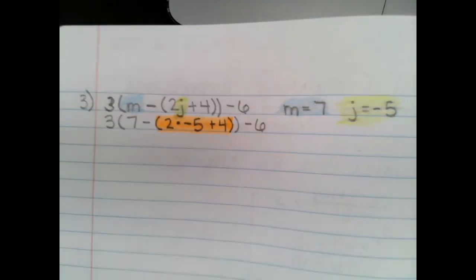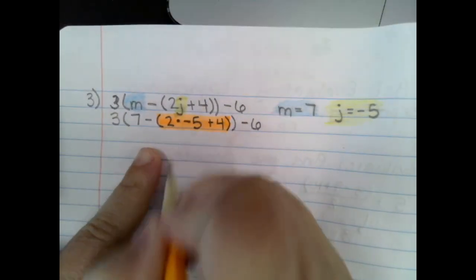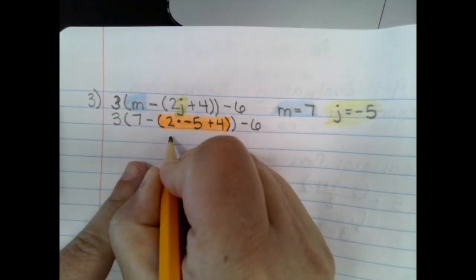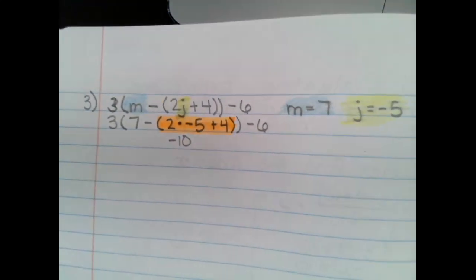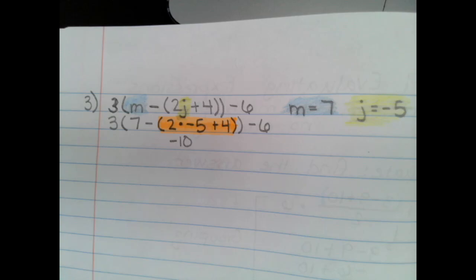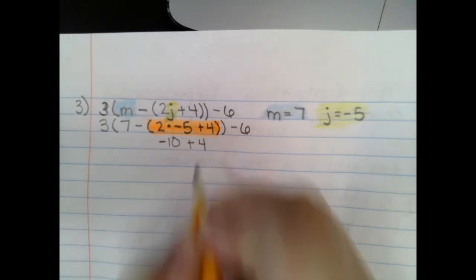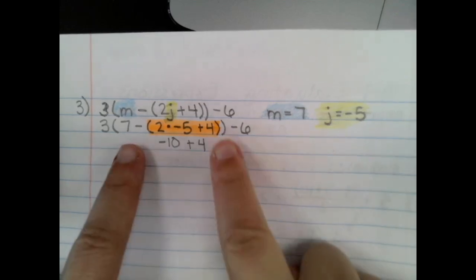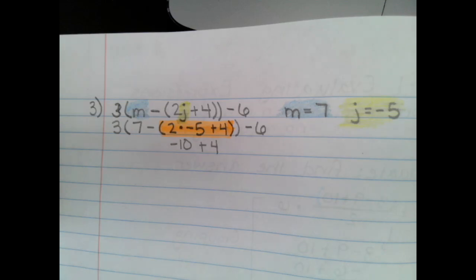All right, in that parenthesis, what part am I going to do first? Which operation? Multiply or add? Multiply. 2 times negative 5. Positive times a negative is a negative, so negative 10, plus 4. If you want to copy everything down as you go, you can. I like to try and simplify it a little bit, because I still need to do this answer.